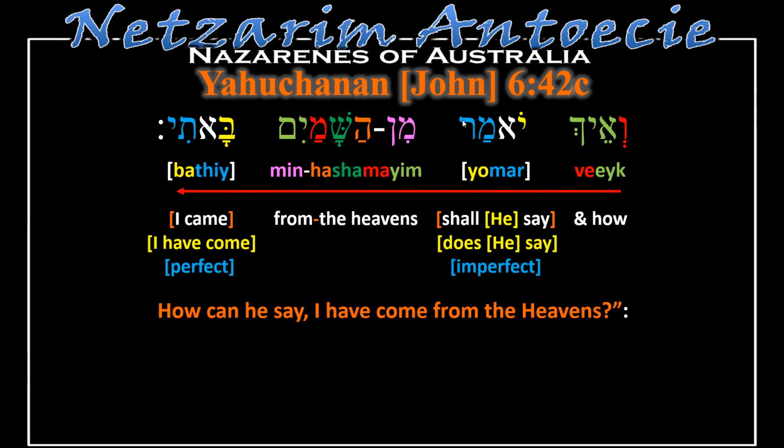And so now we turn to 42c, and we have a vav, aleph, yod, kaf sofit, kaf at the end of a word. Yod, aleph, mem, resh, mem, nun sofit. Hey, shin, mem, yod, mem sofit. Bet, aleph, tav, yod. And we read it.